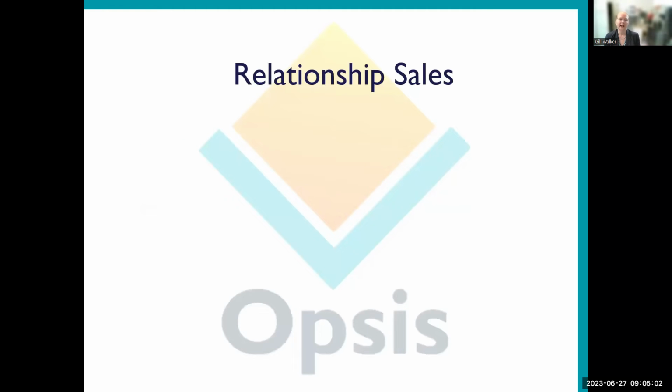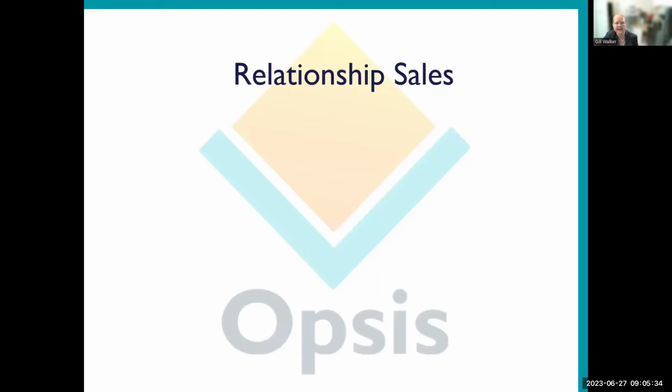Okay. You might have noticed relationship sales on the pricing chart, and relationship sales is enterprise sales plus LinkedIn Sales Navigator. So this includes the LinkedIn Sales Navigator license, and that enables you to unify sales and your social data.